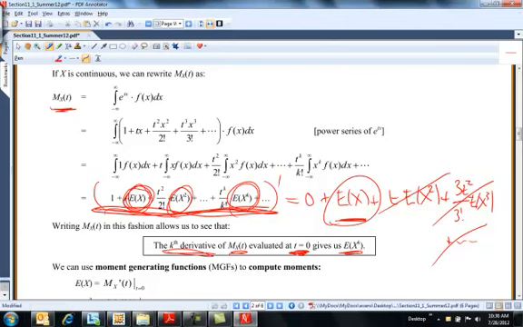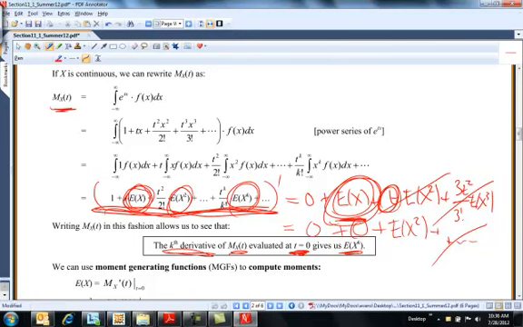Same way, now if I take the second derivative, this is still 0. Expected value of x is a constant, so this is 0. Take the second derivative of this, there's a t in front of that now, right? So we get expected value of x squared.